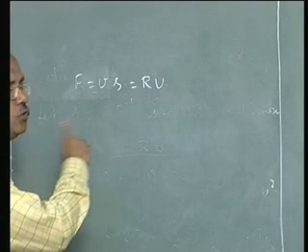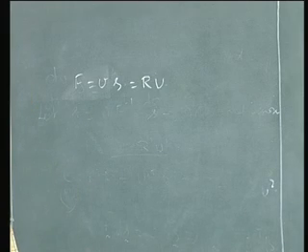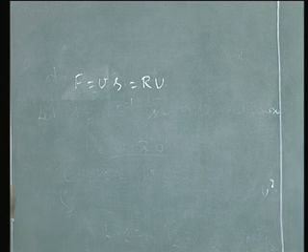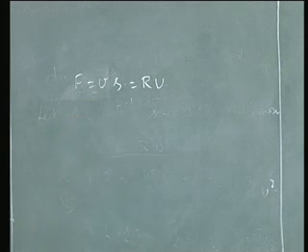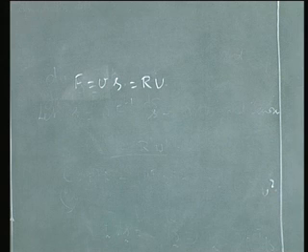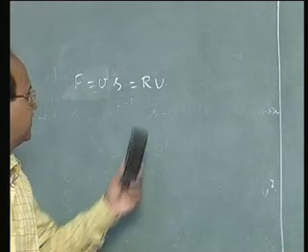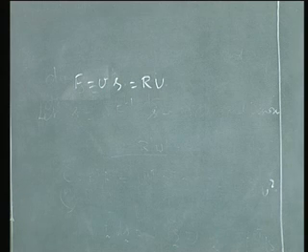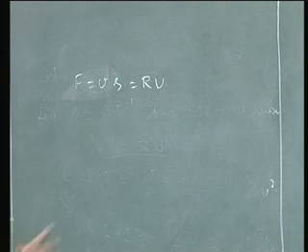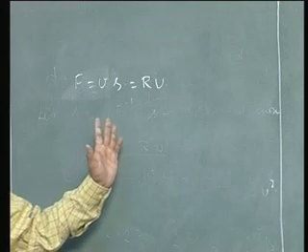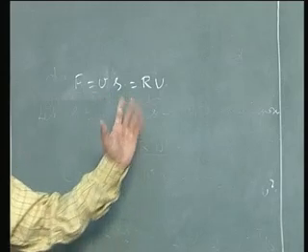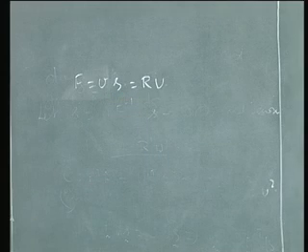From this, this is equal to F, of course, and we have to show that S is equal to R. How do we show that? Just think about it for a minute. S is, of course, an orthogonal tensor. So see how we can show that S is equal to R.